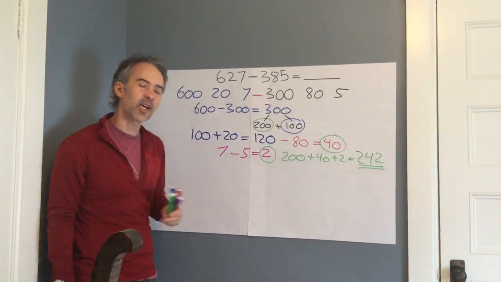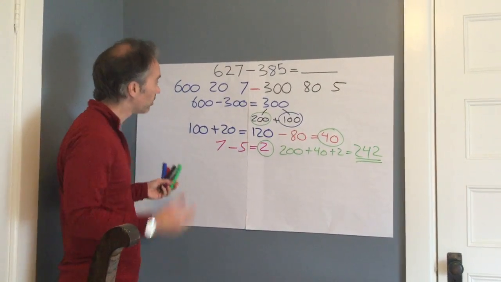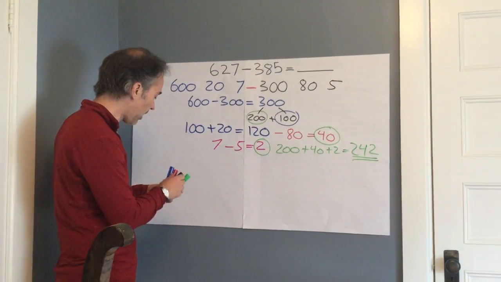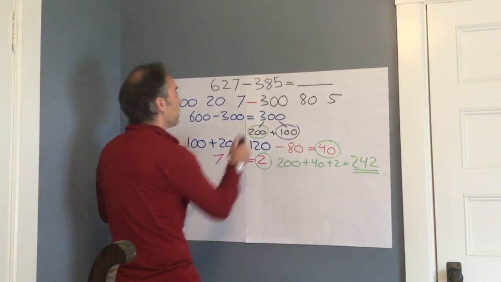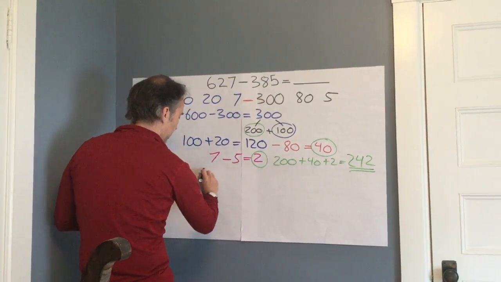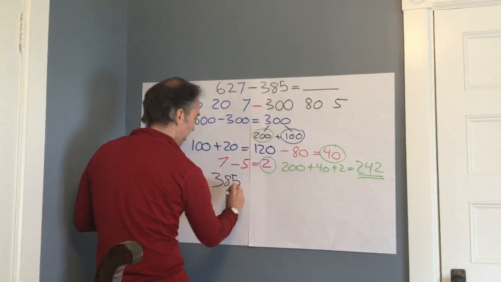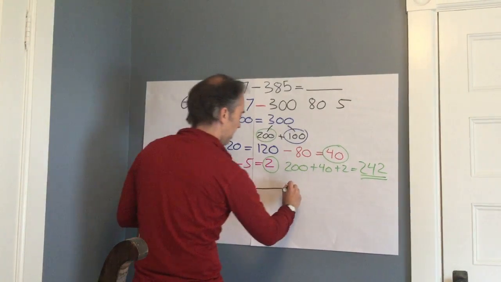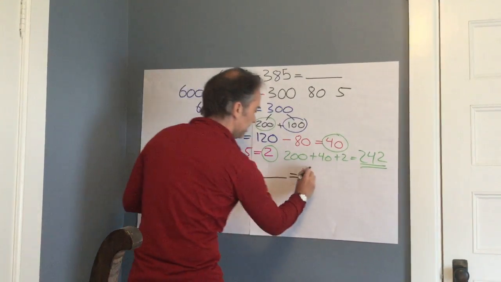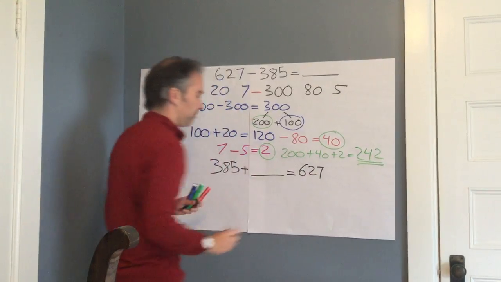Now, every time I add and subtract, I need to check my thinking another way. So what could I do to check my thinking? Well, I know that if I have 385 and I add something, it should equal 627.